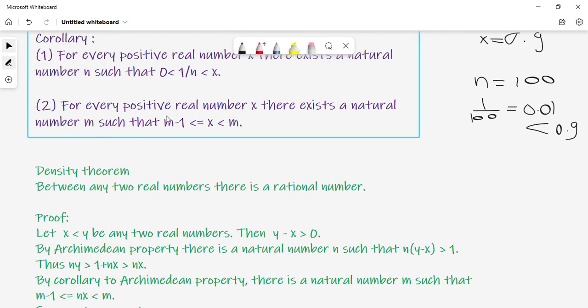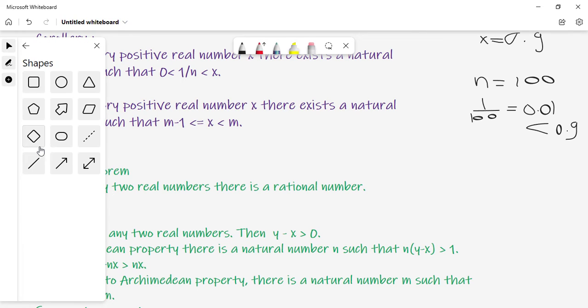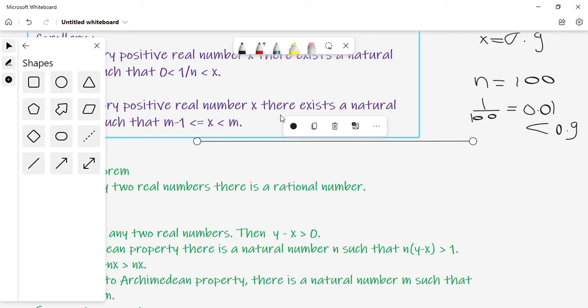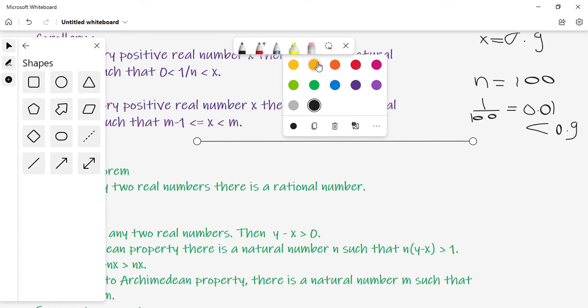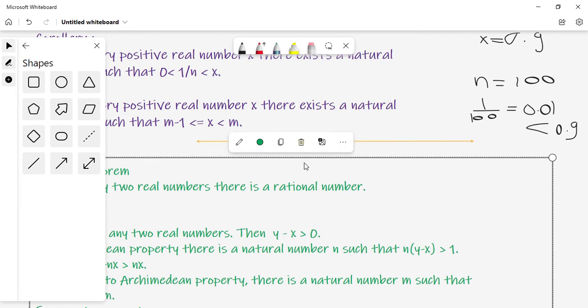For any positive real number x, there will exist a natural number m such that m minus 1 is less than or equal to x, strictly less than m. So this is also very sure. See, if we take any real number, suppose this is the real line that we consider. So we know very well on this real line we can have points.